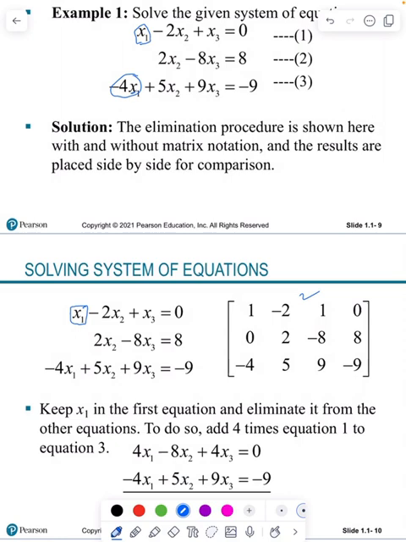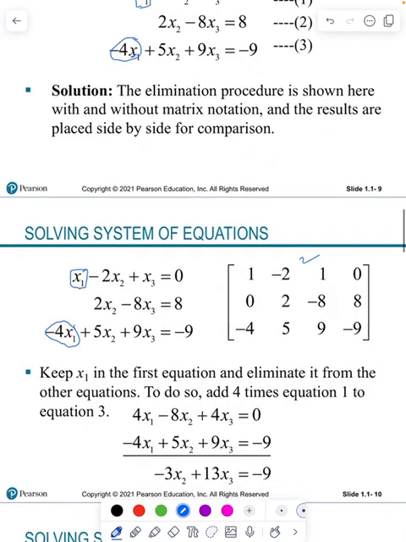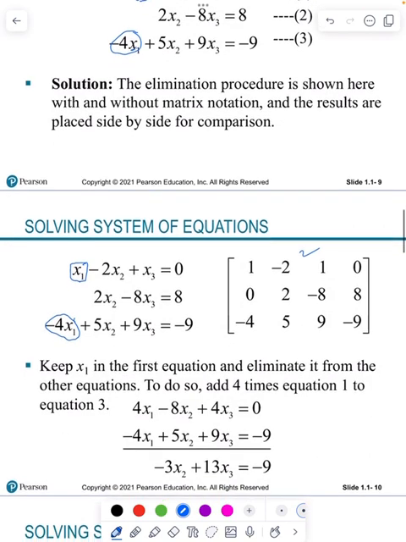For example, now we want to eliminate this term. What we can do is multiply the first row by 4 and add it to the third row. How we will do it with the matrix, I will show you later.